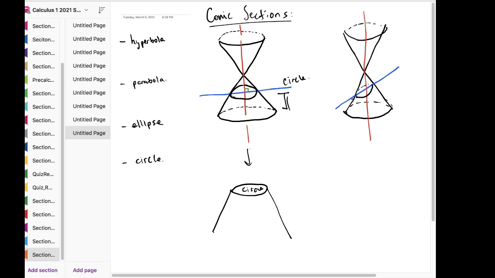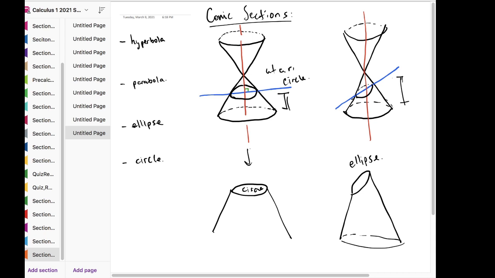And if you take the bottom part here, this is the thing that pops out, and this is an ellipse. So this is at a right angle, and not at a right angle.